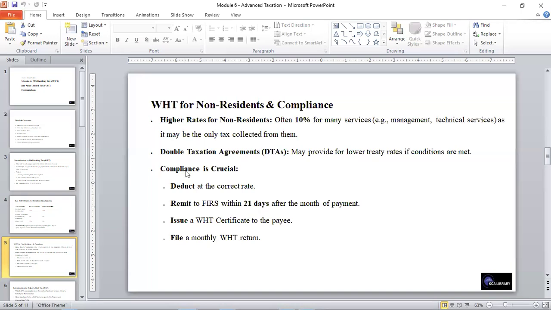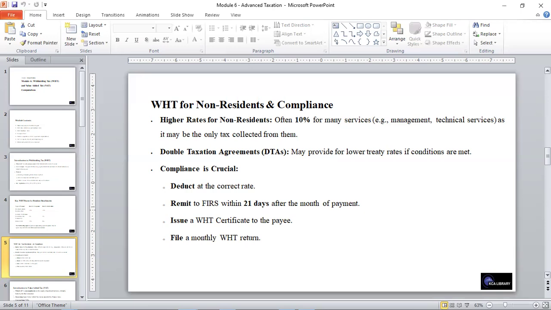It's often 10% for many services like management and technical services, as it may be the only tax collected from them. As per double taxation agreements, lower treaty rates are provided if conditions are met. And compliance is crucial.